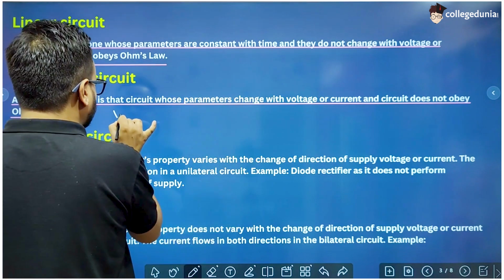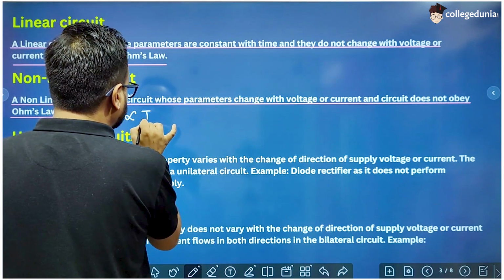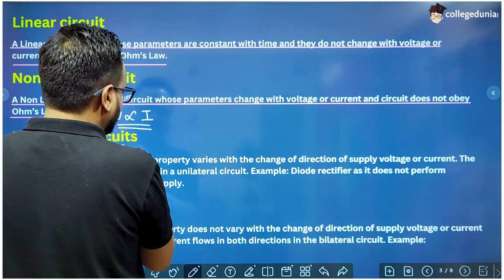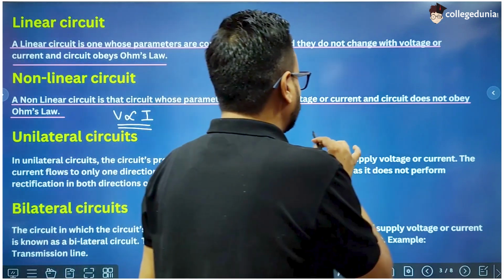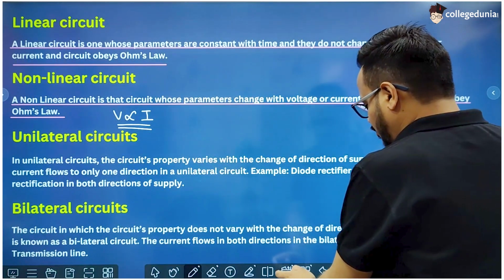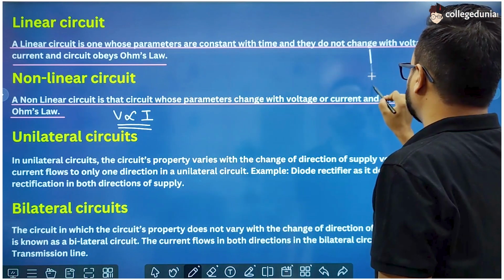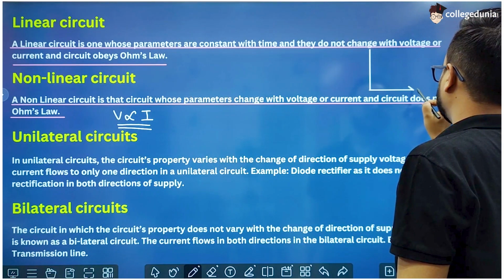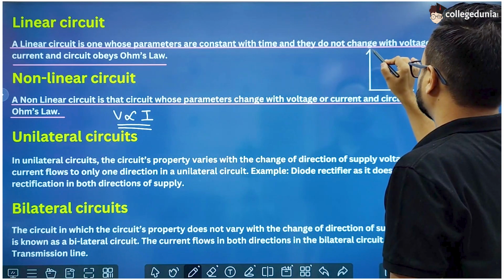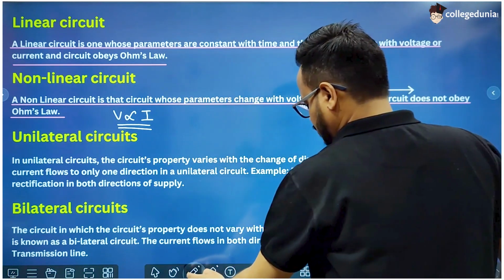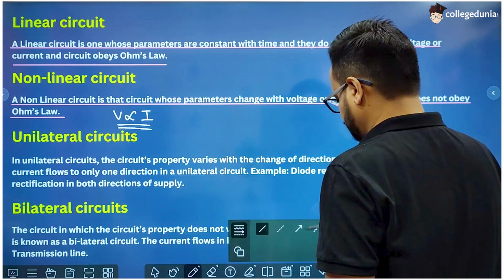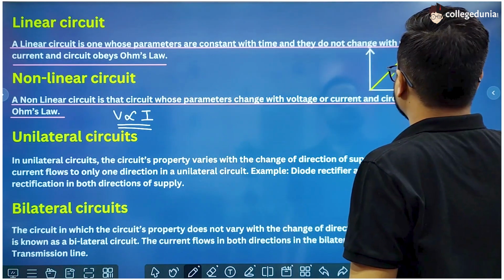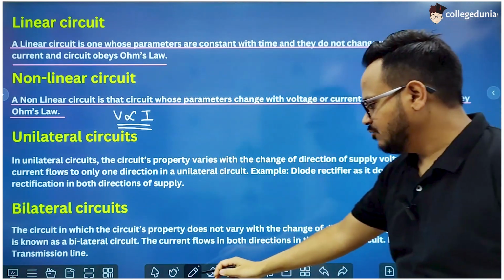For example, what is Ohm's law? Ohm's law says that V is proportional to I, right? So in that case, if the Ohm's law is obeyed, we get a straight line for VI graph.